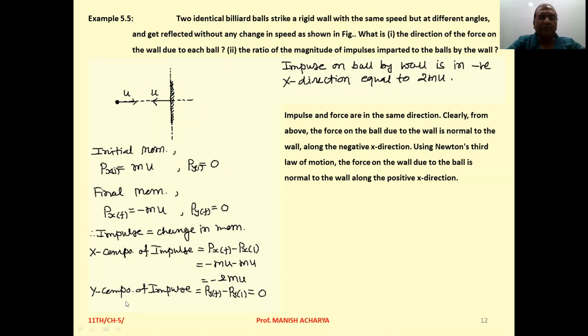The y component of impulse is the y component of final momentum minus the y component of initial momentum. Both were 0, so the answer is 0. Clear? It implies that the resultant impulse is minus 2mu. So we can write the impulse on the ball by the wall is in negative x direction and its magnitude is 2mu.